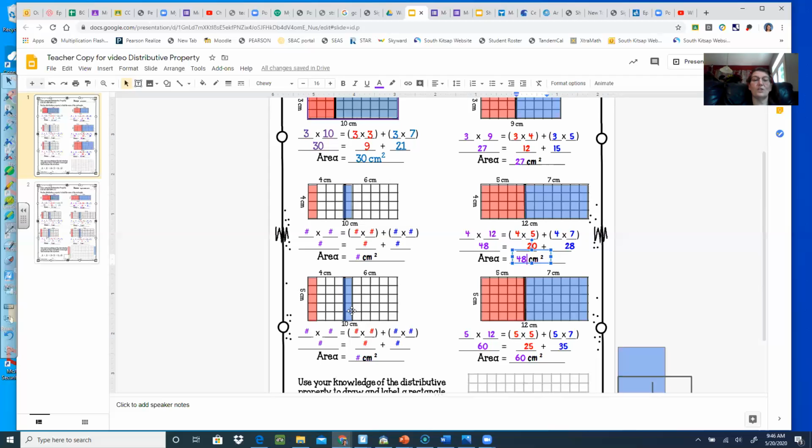And make sure you stretch those so that they're the right size. Then multiply those two numbers to get this guy. Add them together. That will get you this, and it will also get you that. Okay. So pause it, finish that up, and then we'll be on the next slide.